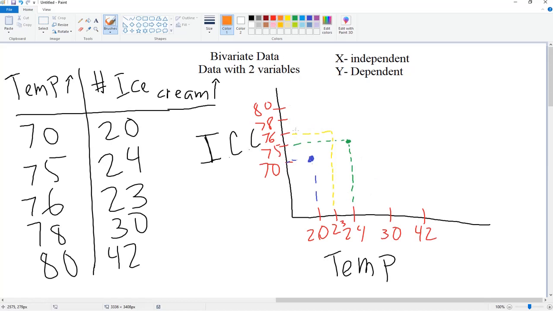So there's that, and then this one has to go there. And then I'll do this one. 80 got 42. Okay. So these are my data points right here.